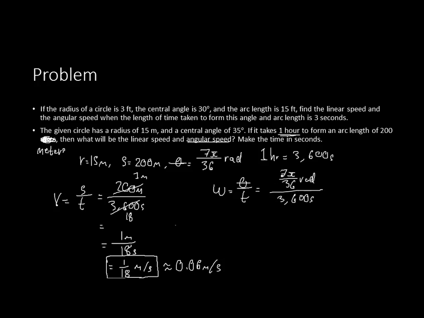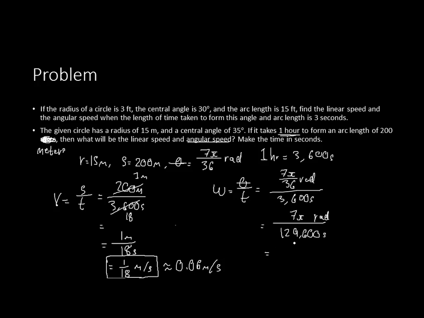This is going to be a very long answer, because if you simplify, you will have exactly 7 pi over 129,600 radians.